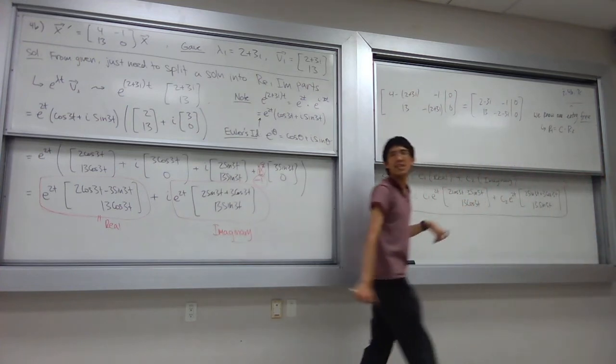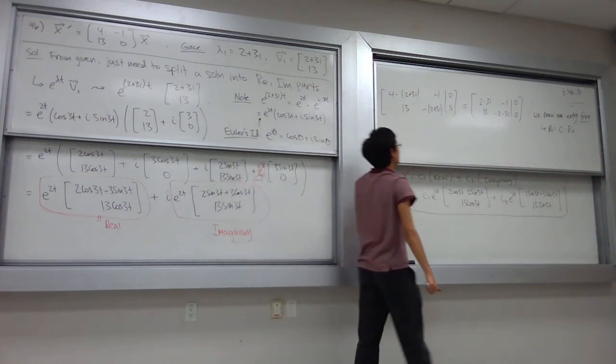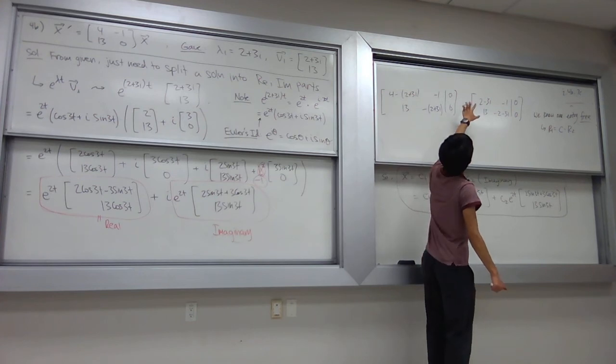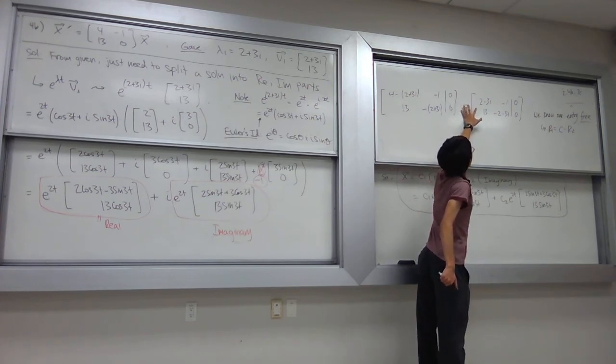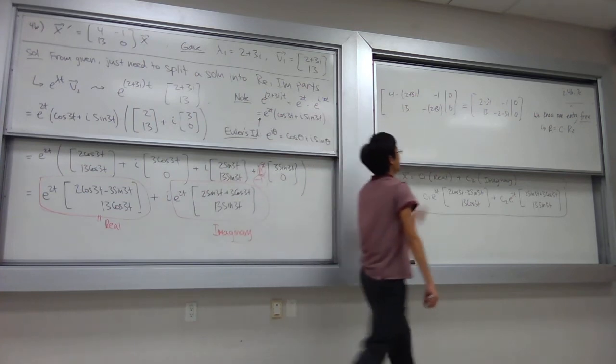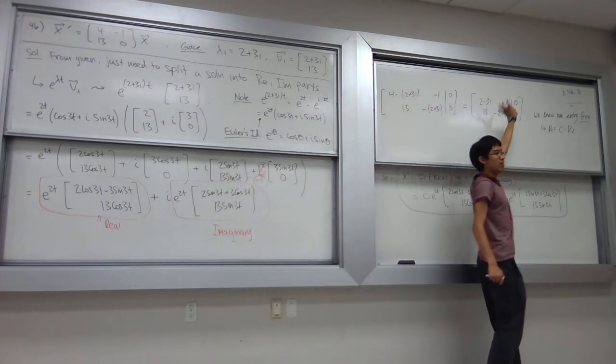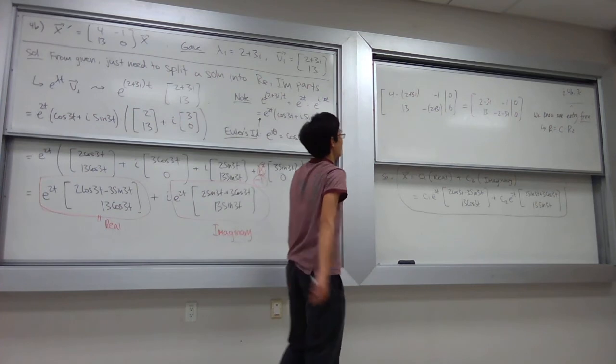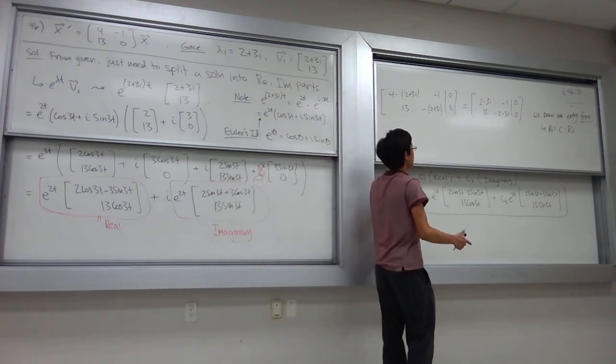And here it's a complex scalar multiple. In particular, if we multiply this by 2 plus 3i and then subtract, it works. You can kind of tell by the last entry here. That's probably the best way to tell.